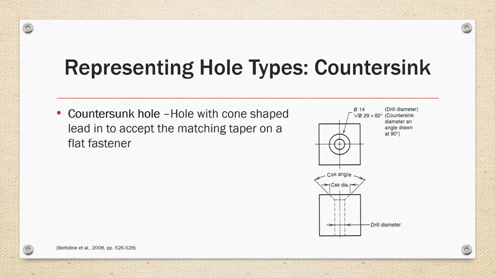The example in this image on the right is calling out a 29 millimeter diameter countersink with an 82-degree included taper angle. The profile view should detail the countersink feature using hidden lines as shown in the image.